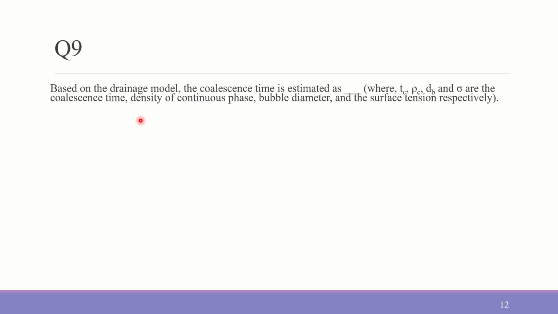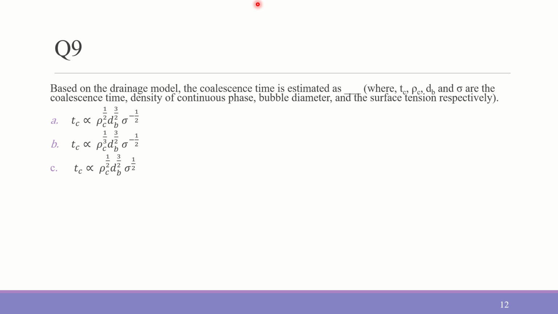Option A, Tc is proportional to rho c to the power of 1 by 2, dB to the power of 3 by 2, sigma to the power of minus 1 by 2. Option B, Tc is proportional to rho c to the power of 1 by 3, dB to the power of 3 by 2, sigma to the power of minus 1 by 2.